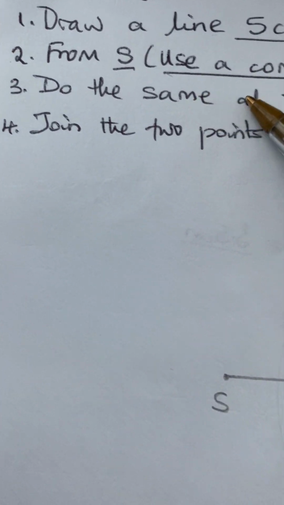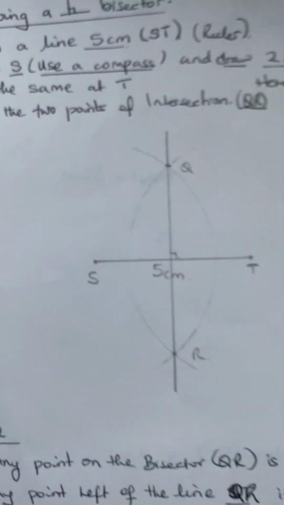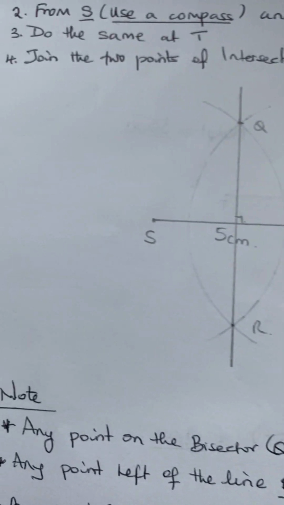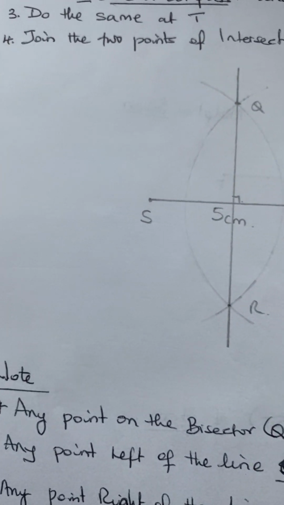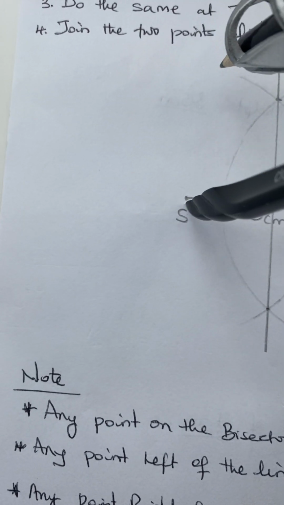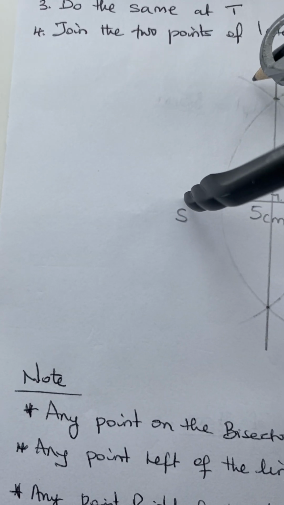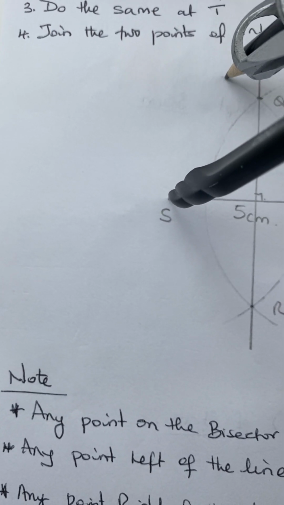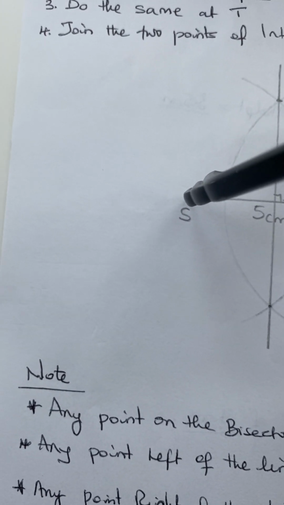From S, use the compass and draw two arcs, top and below. Now this arc that I use is 4 centimeters. If you measure 4 centimeters, you draw an arc here and an arc down there.